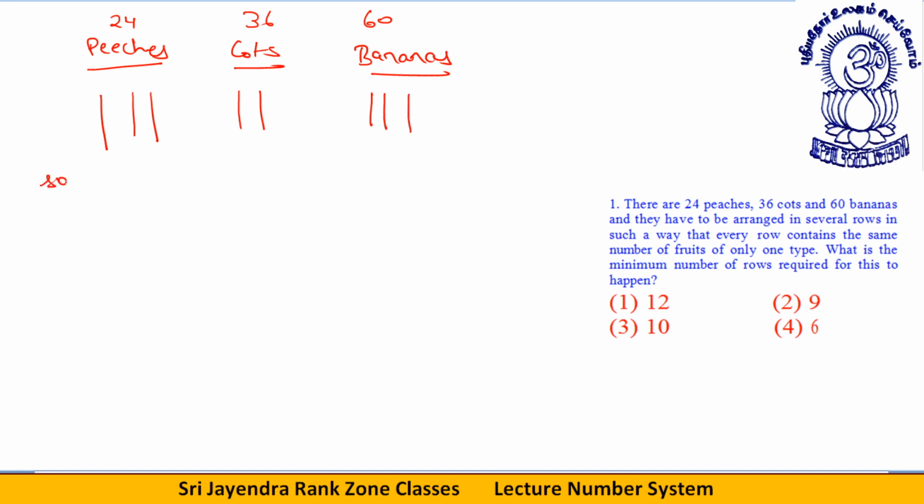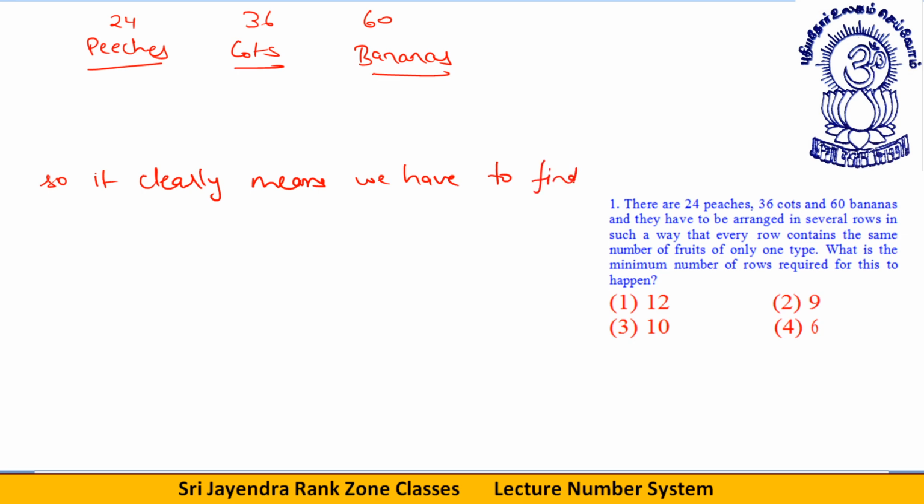So it clearly means we have to find the HCF of 24, 36, and 60.